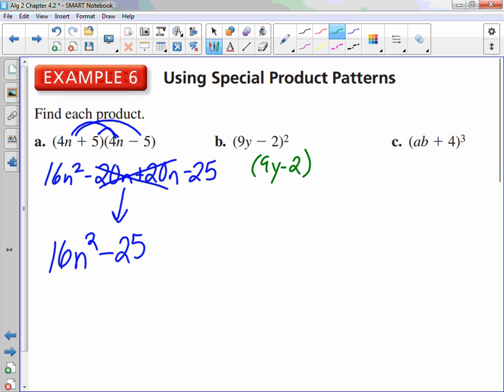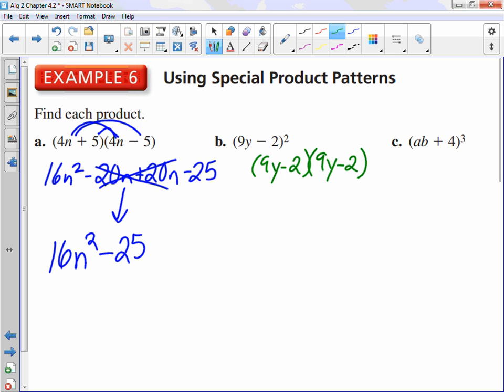So 9y minus 2 squared, that's the same as saying what? 9y minus 2 times what? Because whenever we have that power, it's telling us that thing is being multiplied by itself twice. How many times would I multiply ab plus 4 by itself? 3 times, because it's to the third.